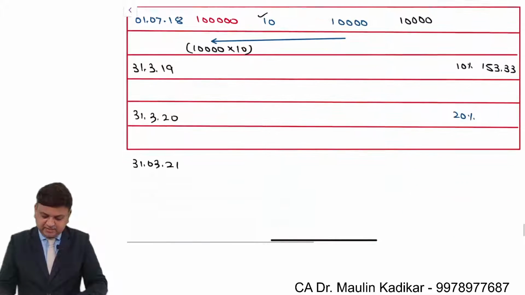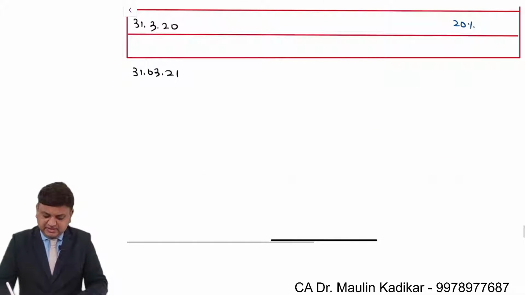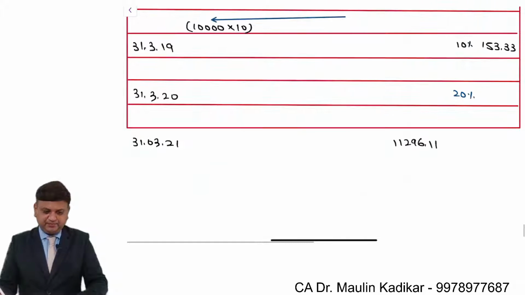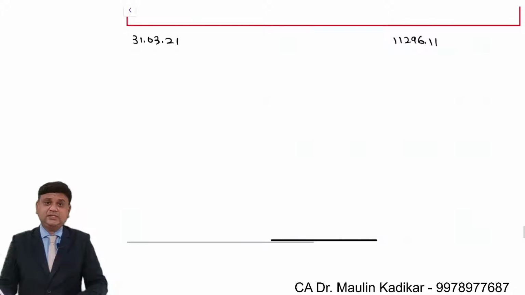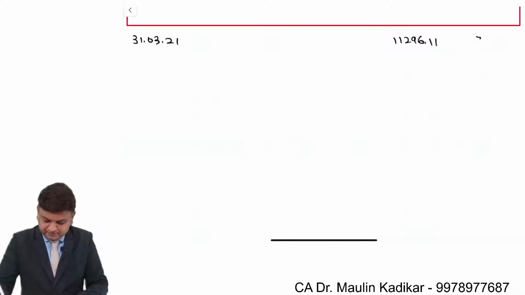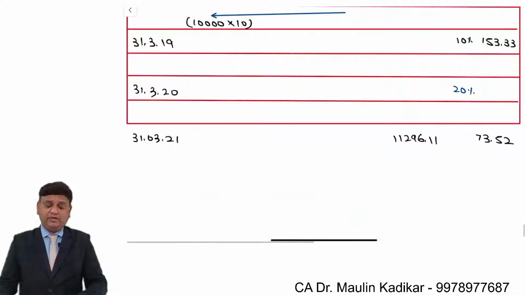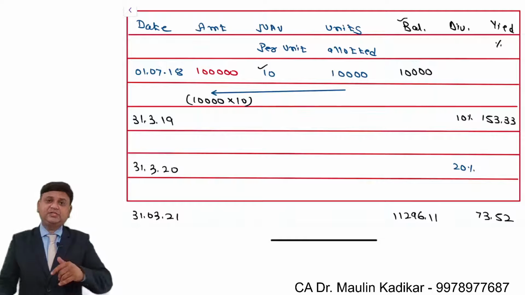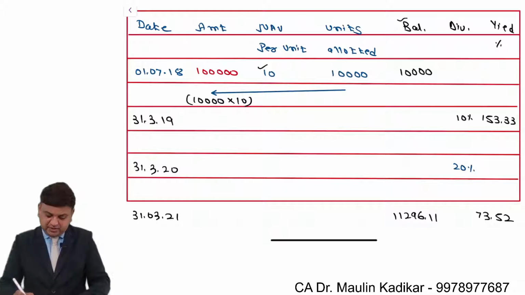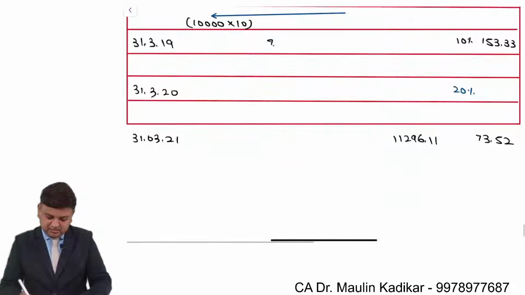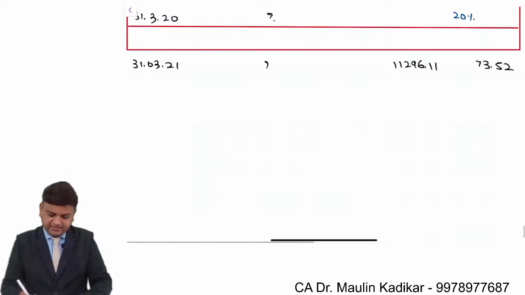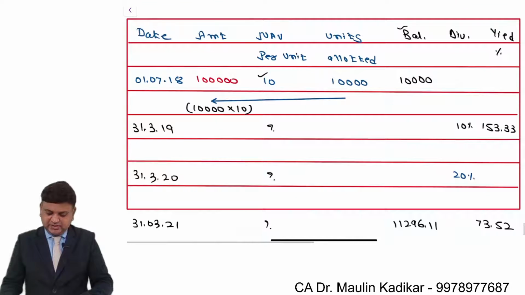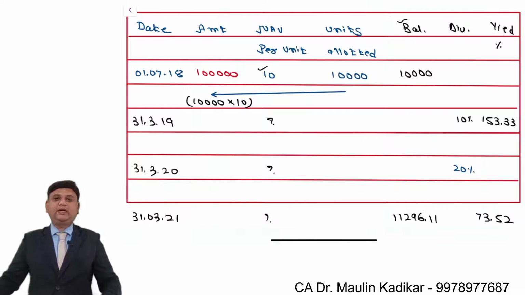So on that date, the number of units in the balance was 11,296.11 and his annualized yield was 73.52%. The question is providing the information that you are required to compute the NAV per unit on this date, this date, and this date. So for these three dates, we are required to compute the NAV per unit.